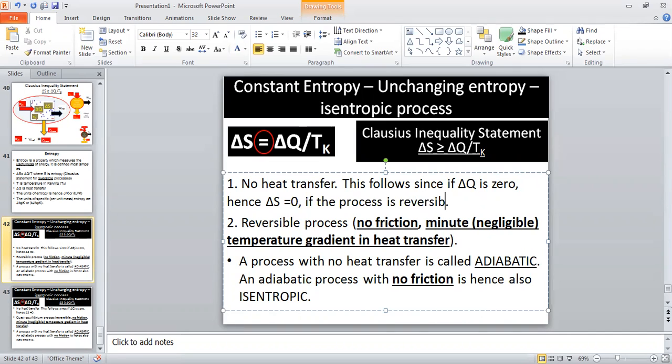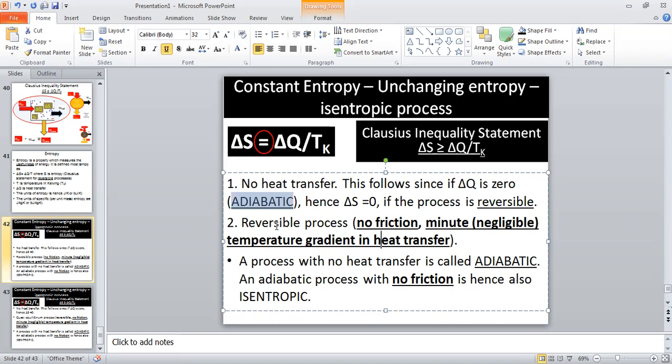That's a condition. Yes. So delta Q is 0 means adiabatic. Means no heat gain, no heat loss. Okay. Adiabatic.